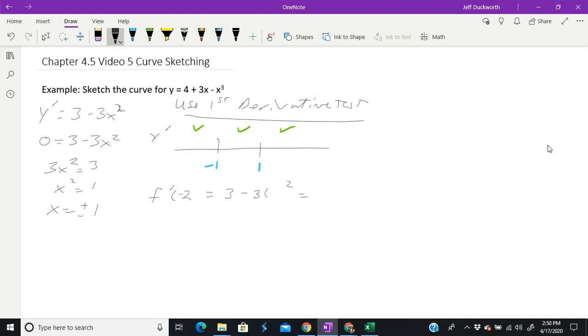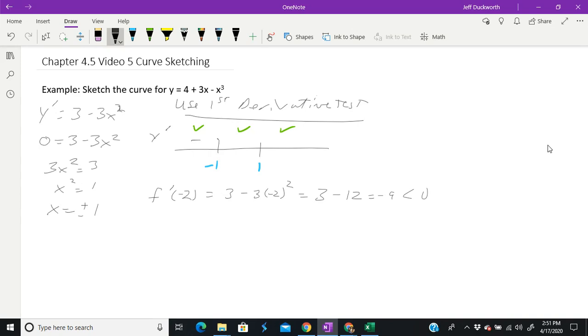So -2 is what I had said. Okay, so that's 3 minus 12, which is -9. That's less than 0. So I'm going to draw a minus sign here, indicating that the slope is coming down from -infinity to -1.